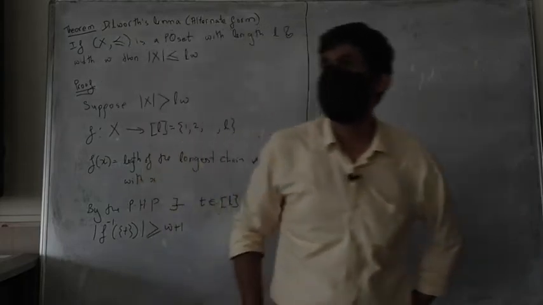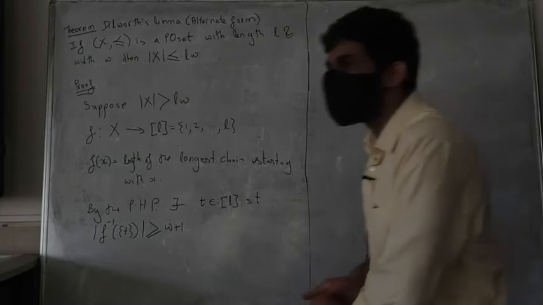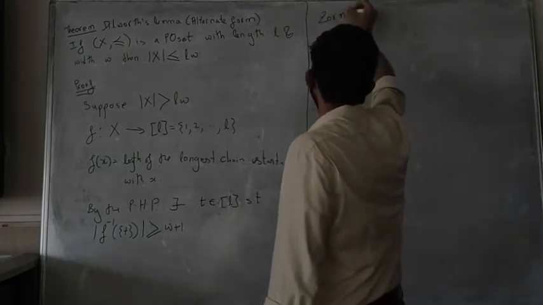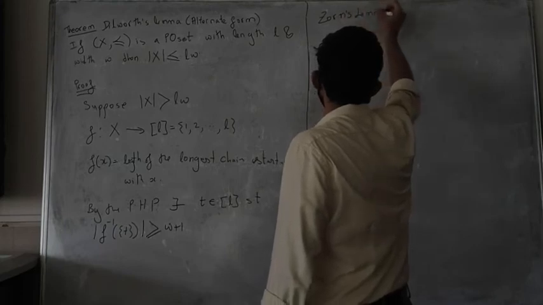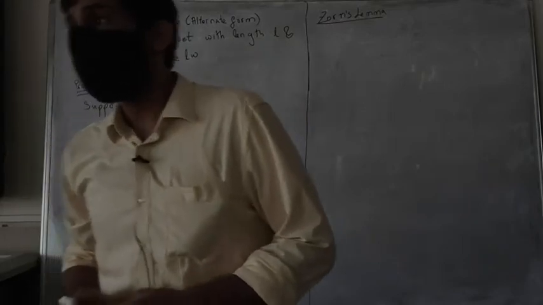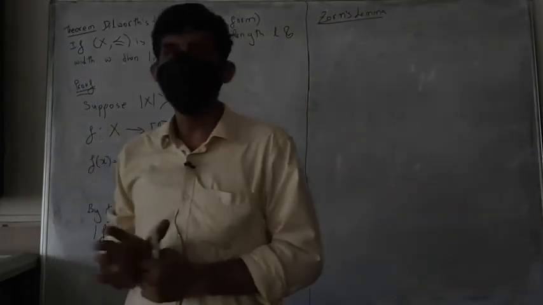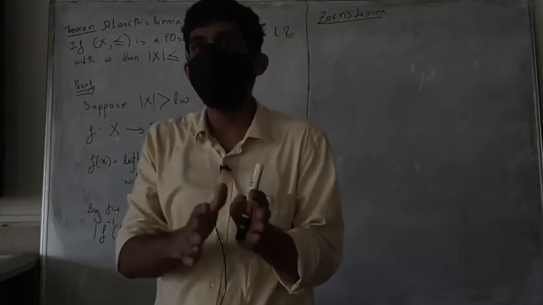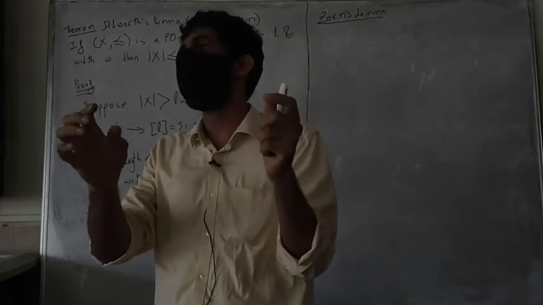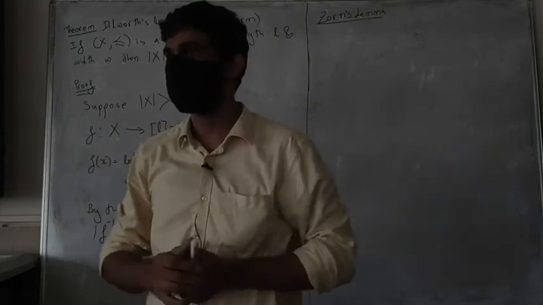Let me recollect what is Zorn's lemma. So what is Zorn's lemma? It simply states that if a partially ordered set has a property that every chain is bounded above, okay, if you give me any chain, I can always find some element in the partially ordered set which is greater than all of these.